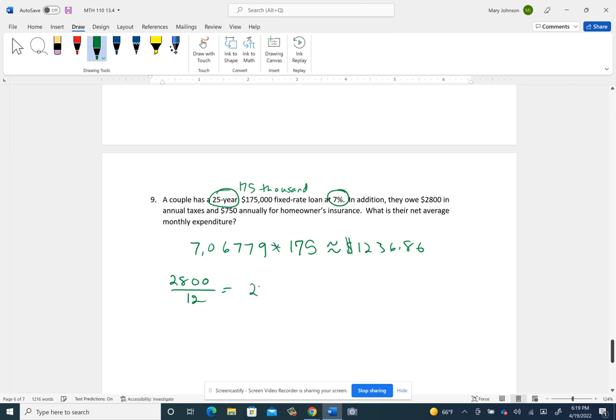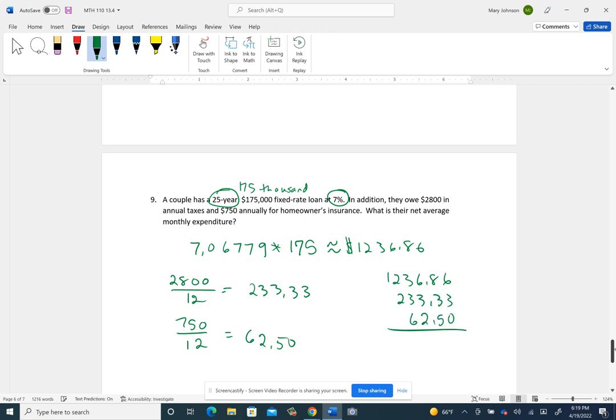But on top of that, they owe $2,800 a year. So divide that by 12. So they owe $233.33 a month for taxes, and then take the $750 in insurance and divvy that up, and that would be $62.50. And so what they pay related to their house would be the sum of those three.